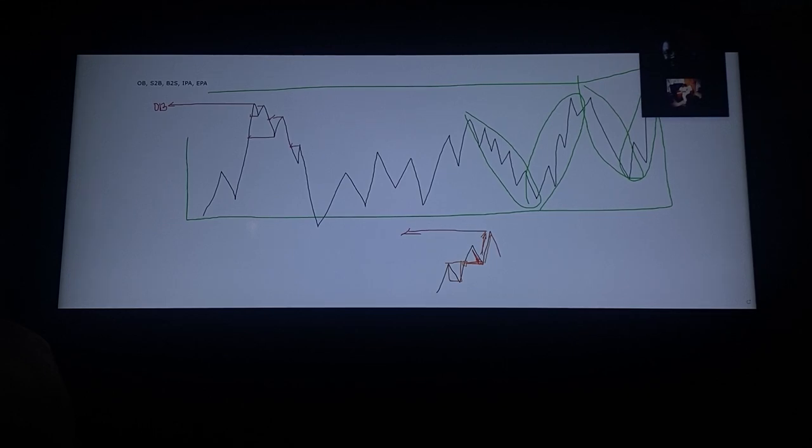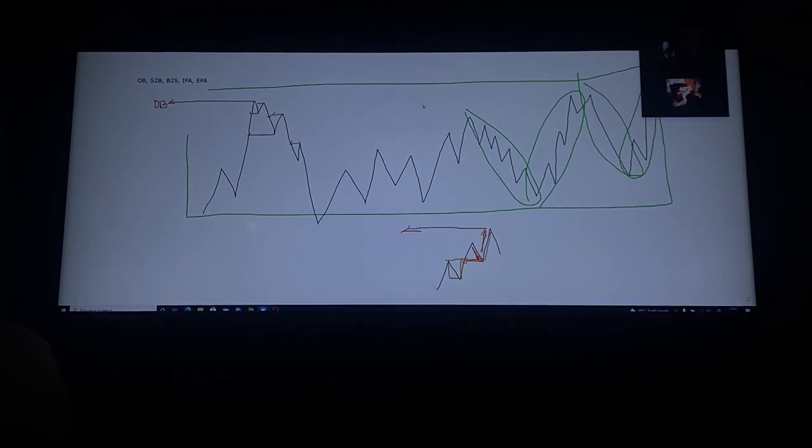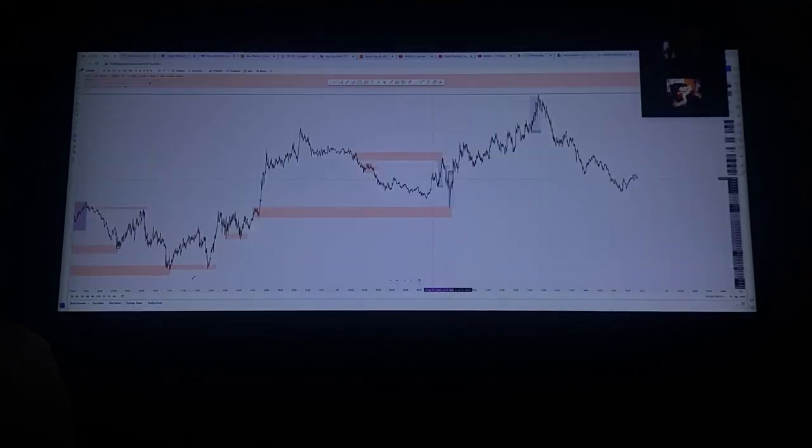For example, looking at this now, what will you say? Hold on. Oh, sorry. I didn't share my screen. Now, if you look at this, you say, oh, yeah, this makes sense. Uptrend, right? Downtrend, isn't it? We're in the uptrend.